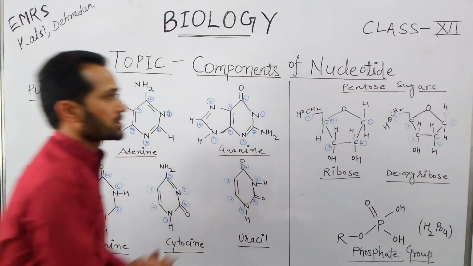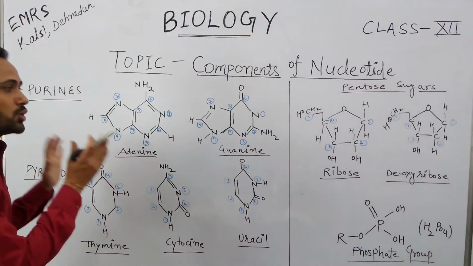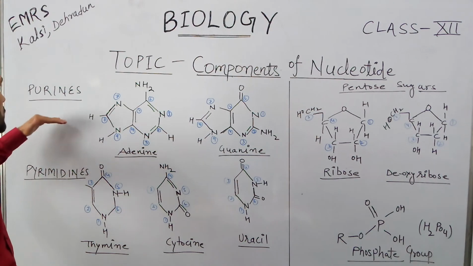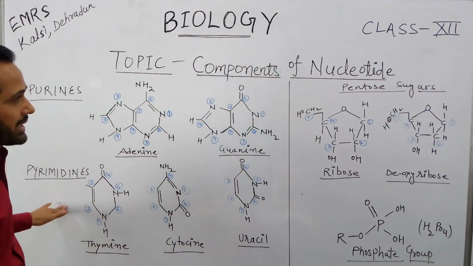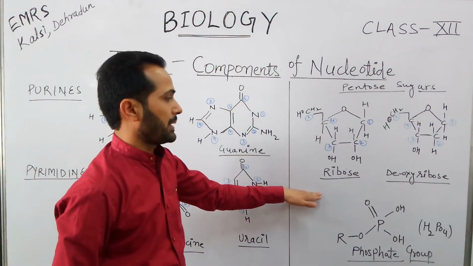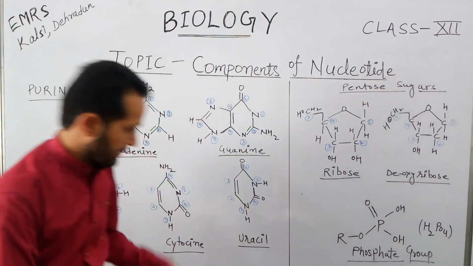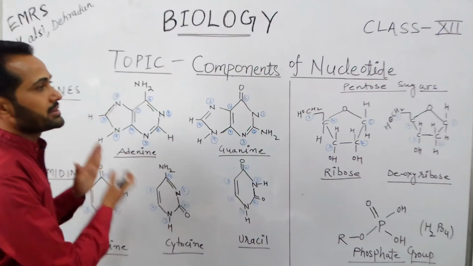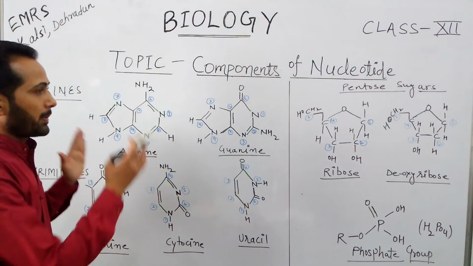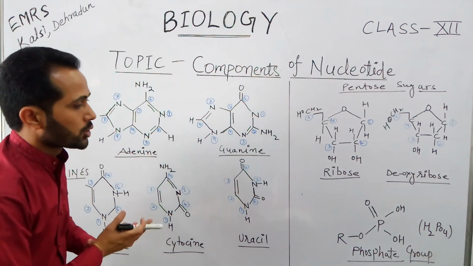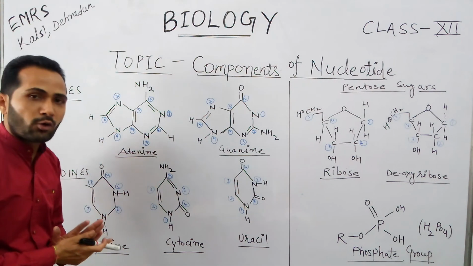So these are the structures of the components of nucleotide. Nitrogenous bases, 5 types of nitrogenous bases, 2 purines and 3 pyrimidines. 2 types of pentose sugar, ribose and deoxyribose, and the phosphate group is here. When these components join with each other, pentose sugar, nitrogenous bases and phosphate group, then a nucleotide forms.